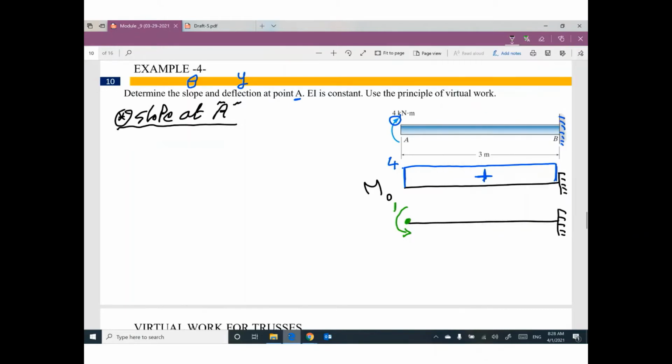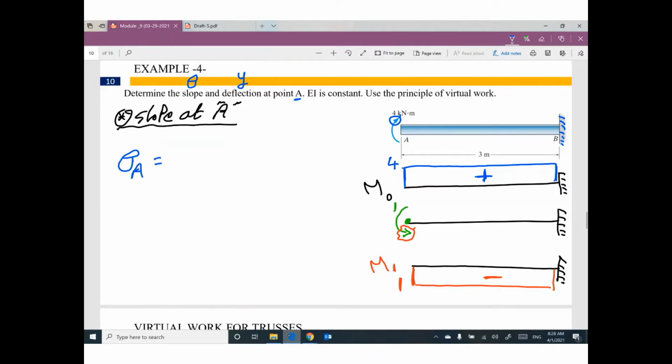Can you draw the bending moment diagram due to the unit moment? Yes, I can. The bending moment will be, we have value here 1, will follow the head of the arrow down, and this value will remain constant, negative. This is M1.